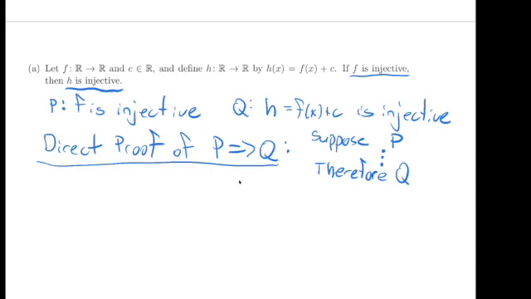So that's how direct proof works in general. So I'll write the proof in black. So this is kind of some scratch work on the side. So if I'm going to do this by direct proof, then yes, we start here with suppose P, which is F is injective.